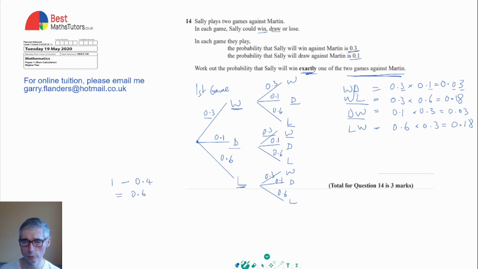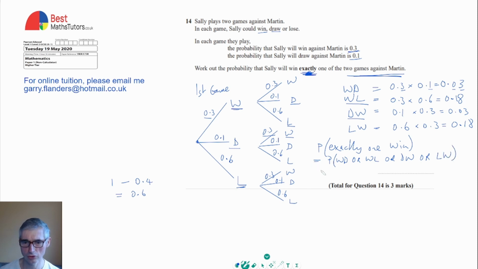Now, because these are all different ways we can get exactly one win, what we can do on the probability tree is add these together. So we can say the probability of getting exactly 1 win was either doing win draw, or win lose, or draw win, or lose win.